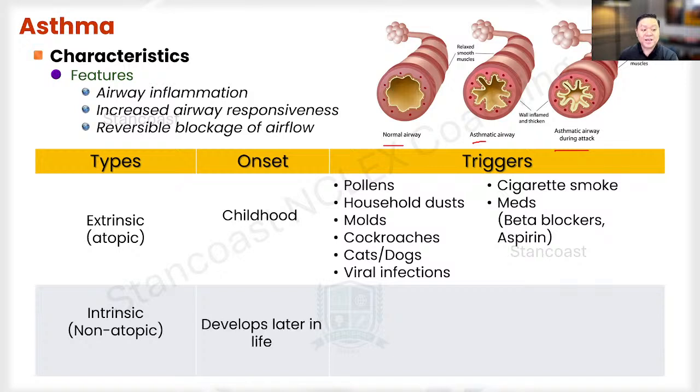Now, for the intrinsic, non-atopic type, this is going to occur at a later time, mostly around adulthood or later, or maybe around the teenage years. And this simply means that the patient might have the trigger because of some respiratory infections, the presence of stress, or exercise, and the presence of cold air as well.